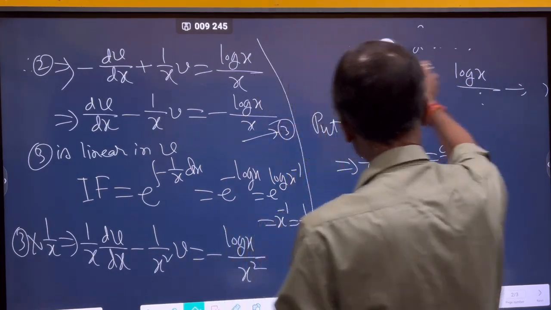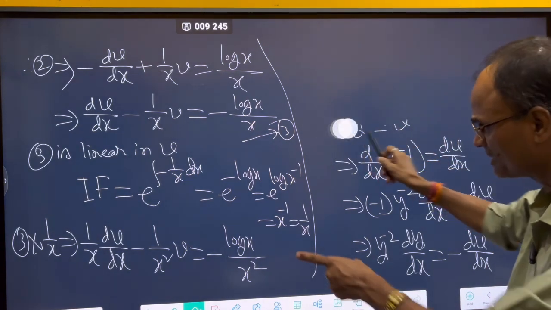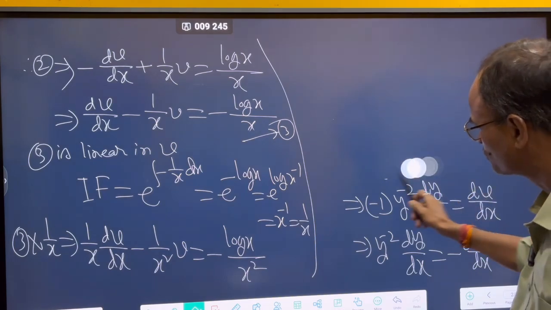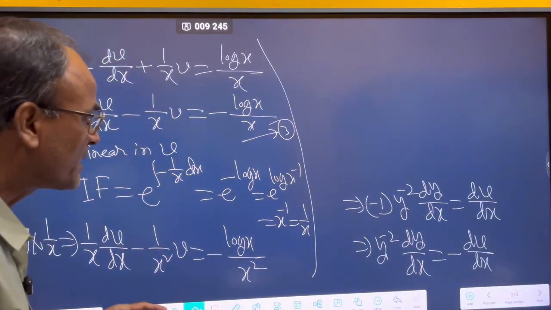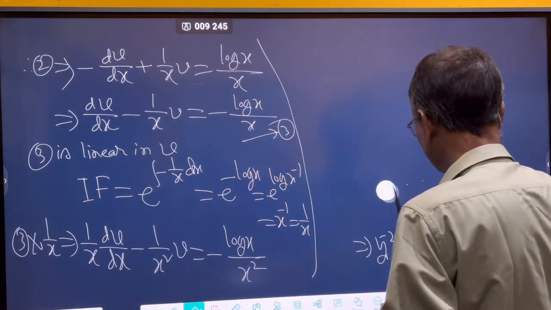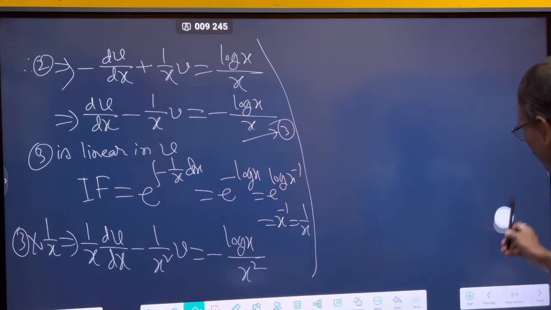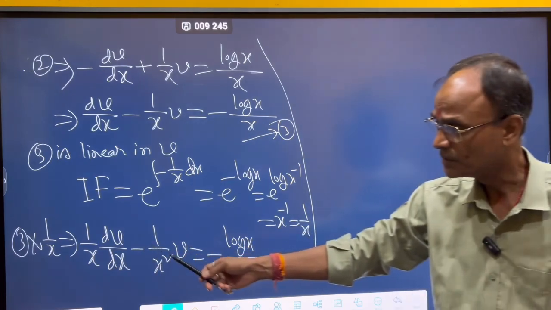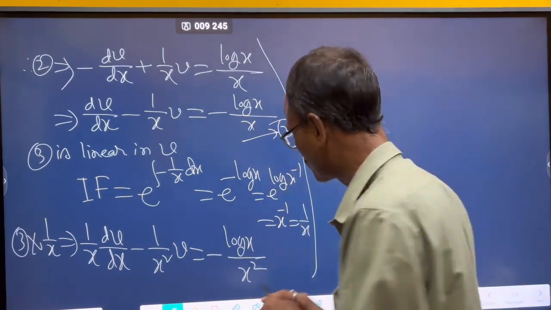Now let me write here. You see the left hand side, the first two terms. If you consider 1 by x as the first function and v as the second function, then you will get first function into differentiation of the second function, dv by dx, plus v into the differentiation of 1 by x, which is minus 1 by x square.